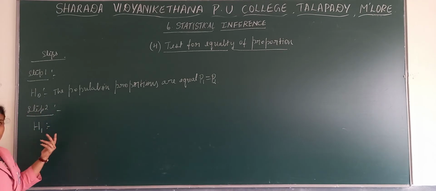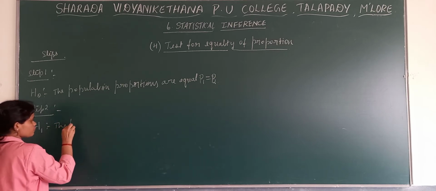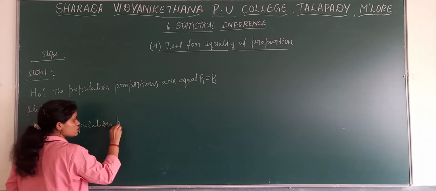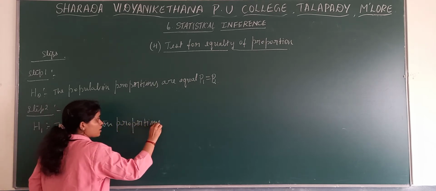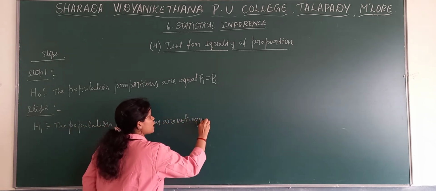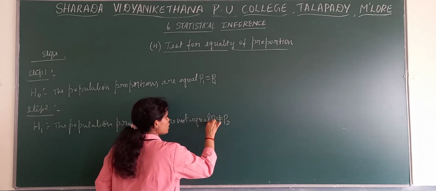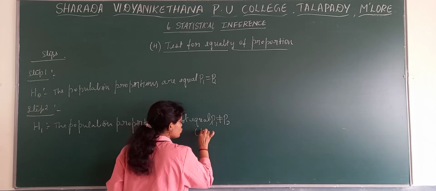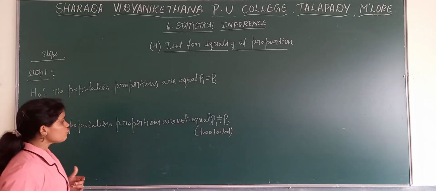Now, firstly we will take it as two-tailed, where we take the population proportions are not equal. So that means P1 is not equal to P2. That means we consider the test as two-tailed.